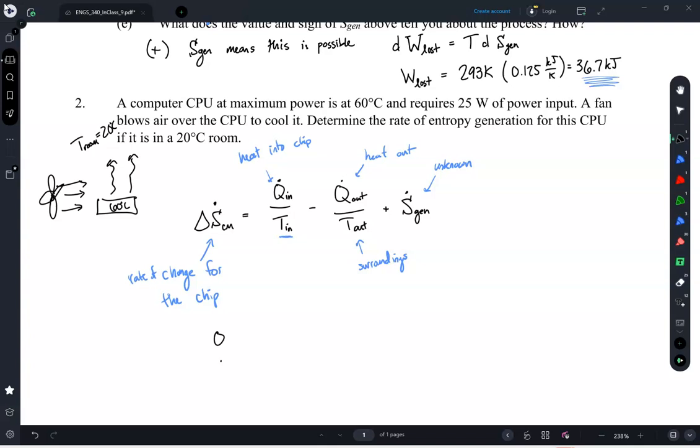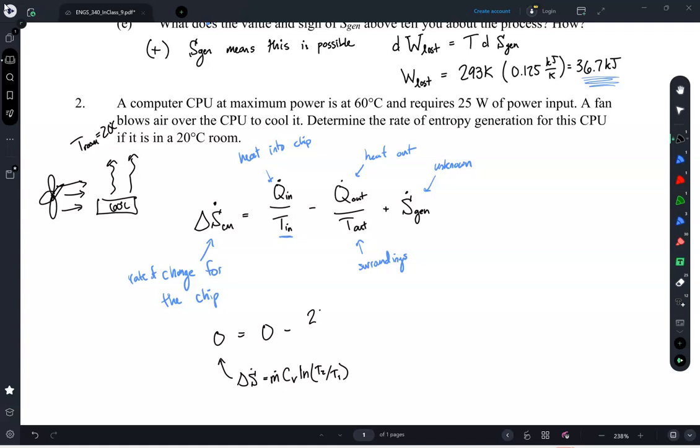So we would have delta S dot equals m dot Cv times the natural log T2 over T1, but T2 and T1 are the same, so that's just 0. We don't have heat going into the system, so that's 0.